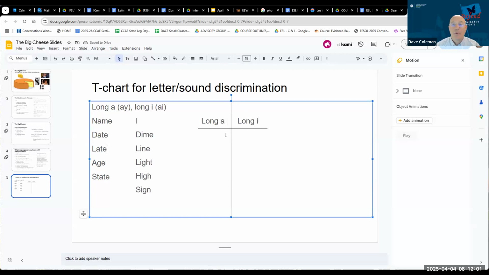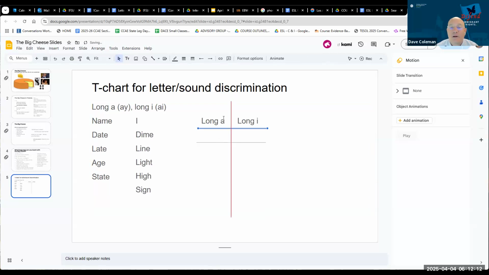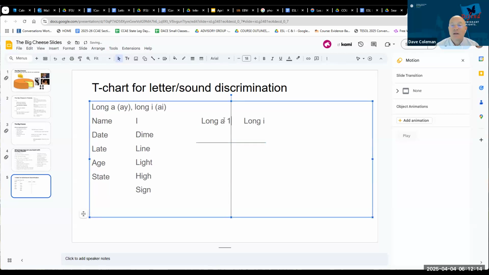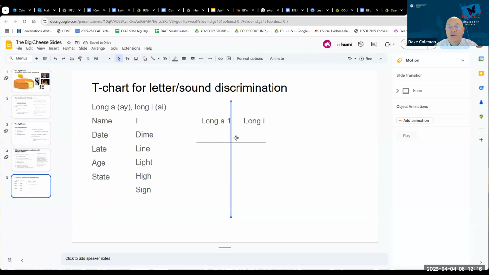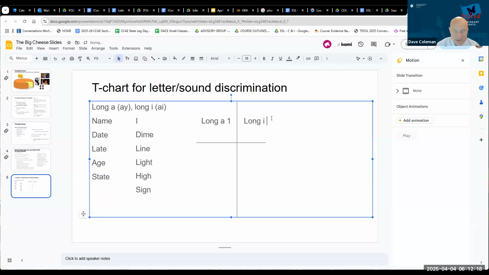I'm working with digital. Let me fix it. Let me move my line down. So long A is 1 and long I is 2. Sorry, this is taking a long time.